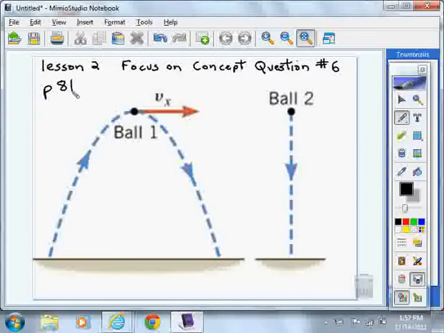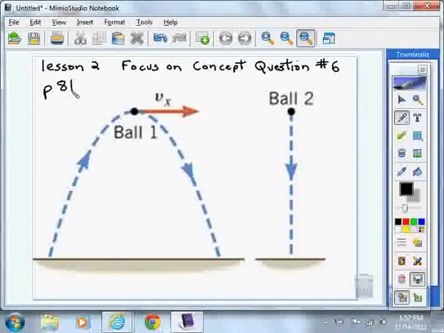So it says here, ball 1 is thrown into the air and it follows the trajectory for projectile motion shown in the drawing. At the instant that ball 1 is at the top of its trajectory, ball 2 is dropped from rest from the same height. Which ball reaches the ground first?